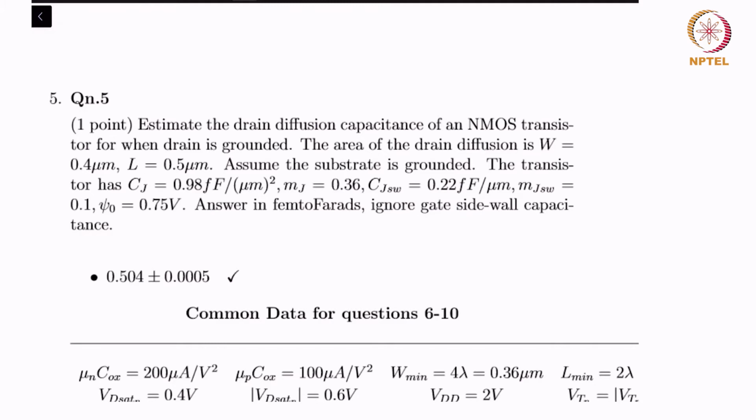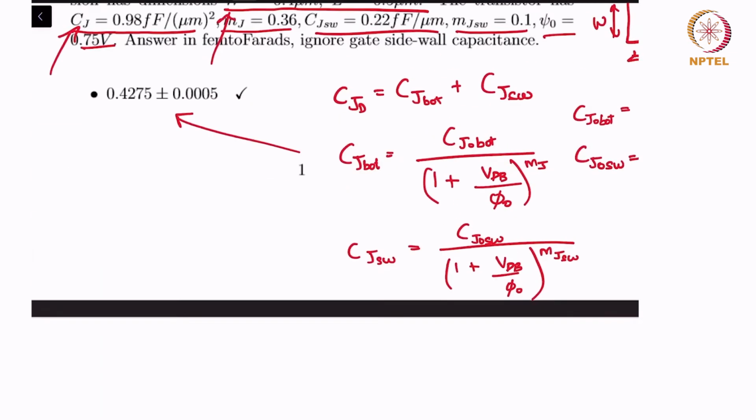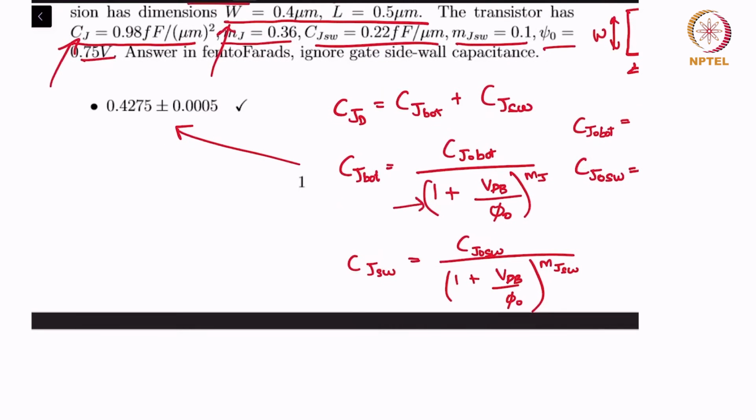So question 5 is almost exactly the same as question 4. It's the same template as question 4. It's just that now the drain is grounded along with the substrate, so VDB will be equal to 0. So you don't need any of these.